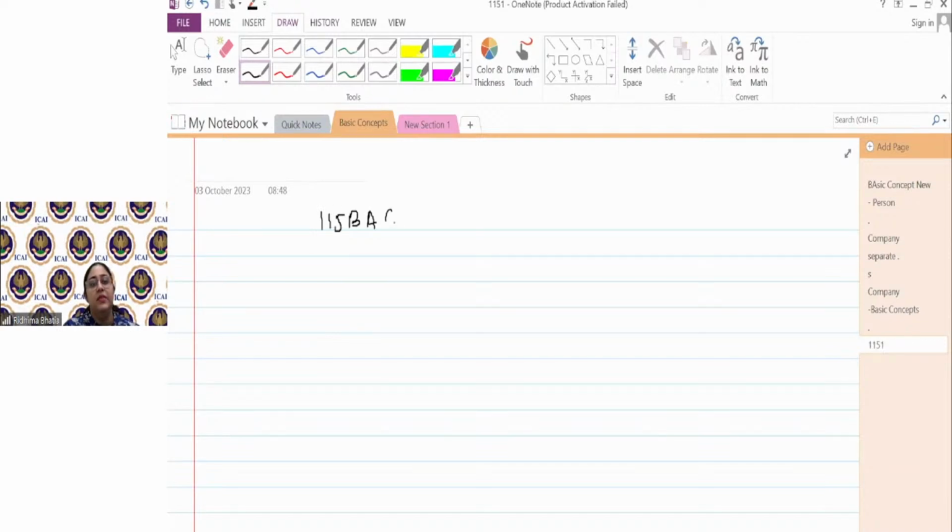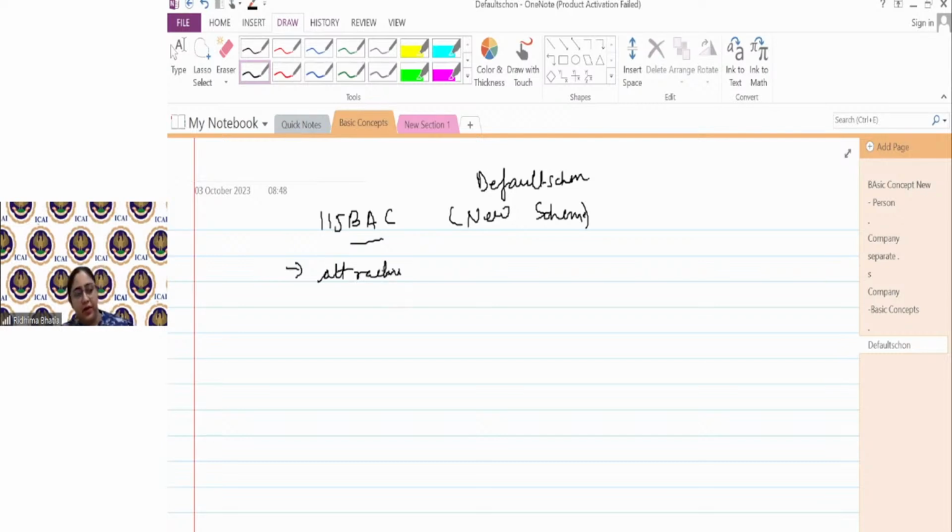115 BAC, which is the new scheme. First of all, it is a part of the Income Tax Act. It's a section which is now a default scheme. Now, the tax rates are attractive. That is, versus the old scheme, the tax rates are definitely attractive.